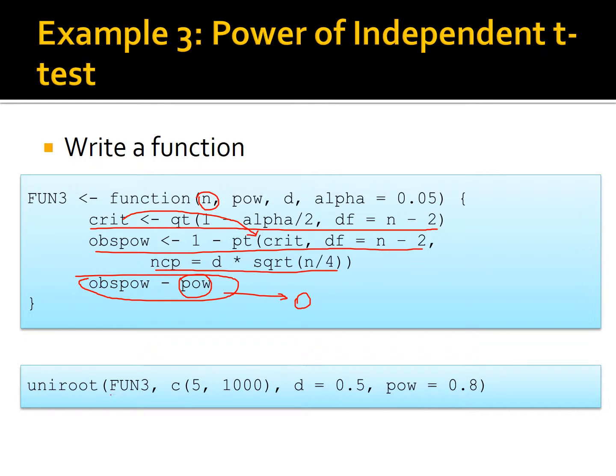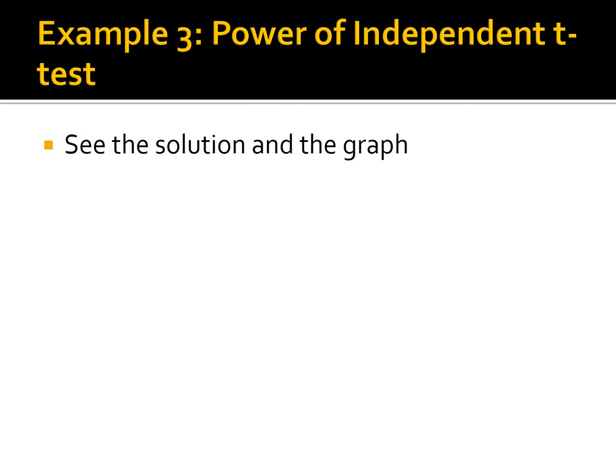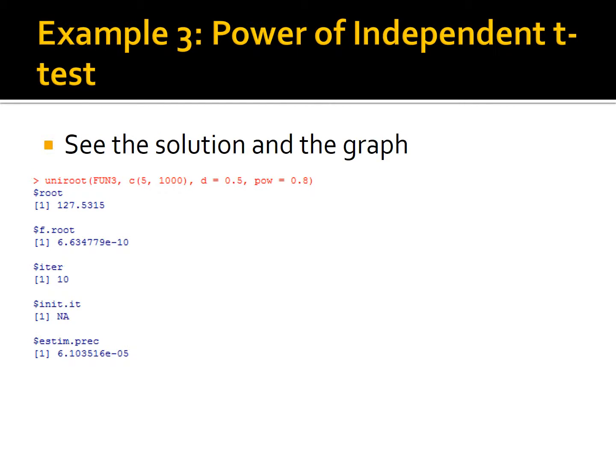So I call fun3 in the uniroot function, and the interval of the sample size is from 5 to 1000. The coincidence is 0.5 and desired power is 0.8. This uniroot function will change the n value so that the power equals 0.8. So let's see the solution.